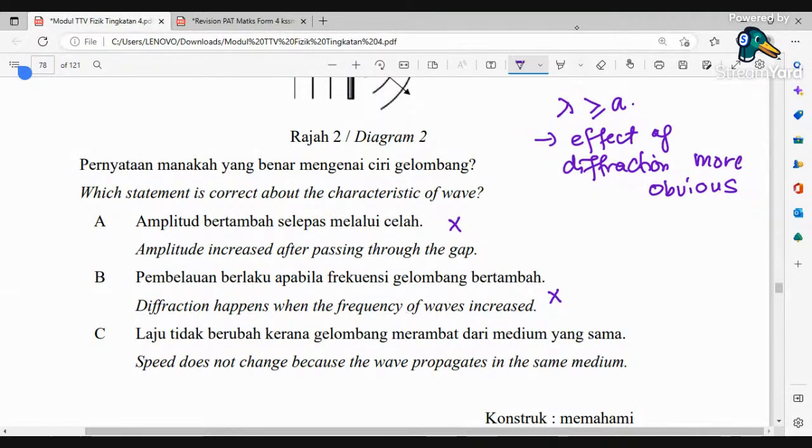Oh yeah, wait, check the relationship between f and lambda. If you want the diffraction effect to be more, lambda should be larger, means frequency is smaller. Okay, so cannot be.